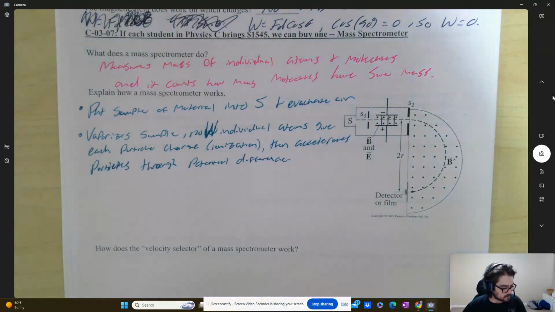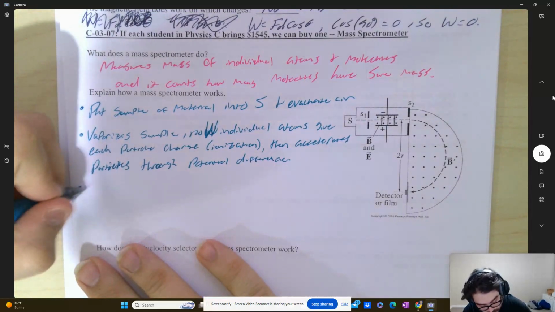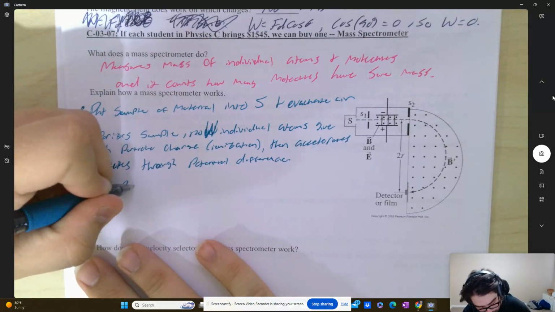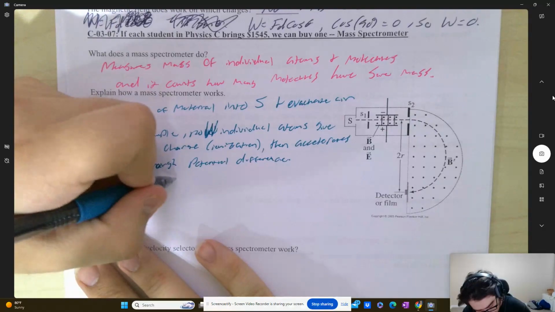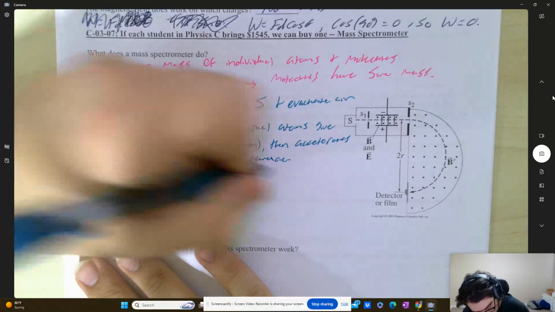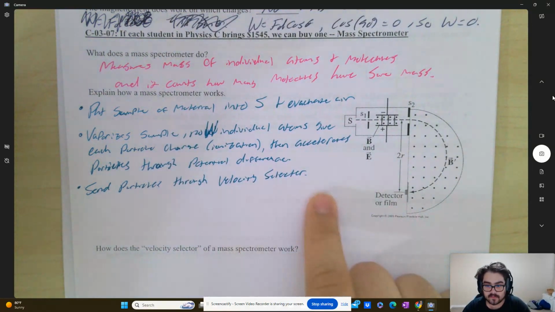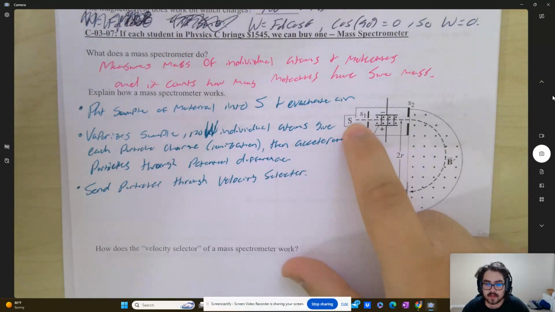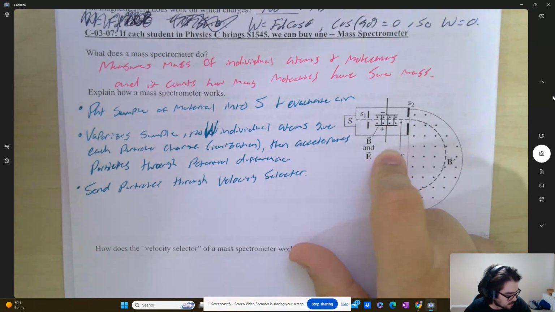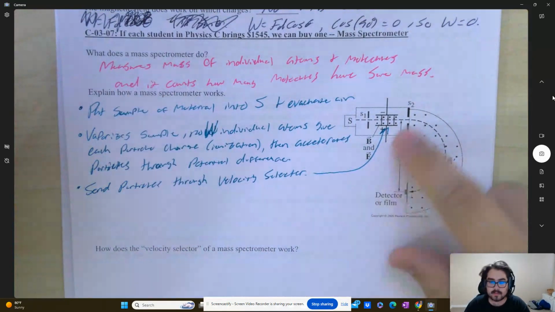The next step is that it sends the particles through what's called a velocity selector. The velocity selector should be right about between the plates.